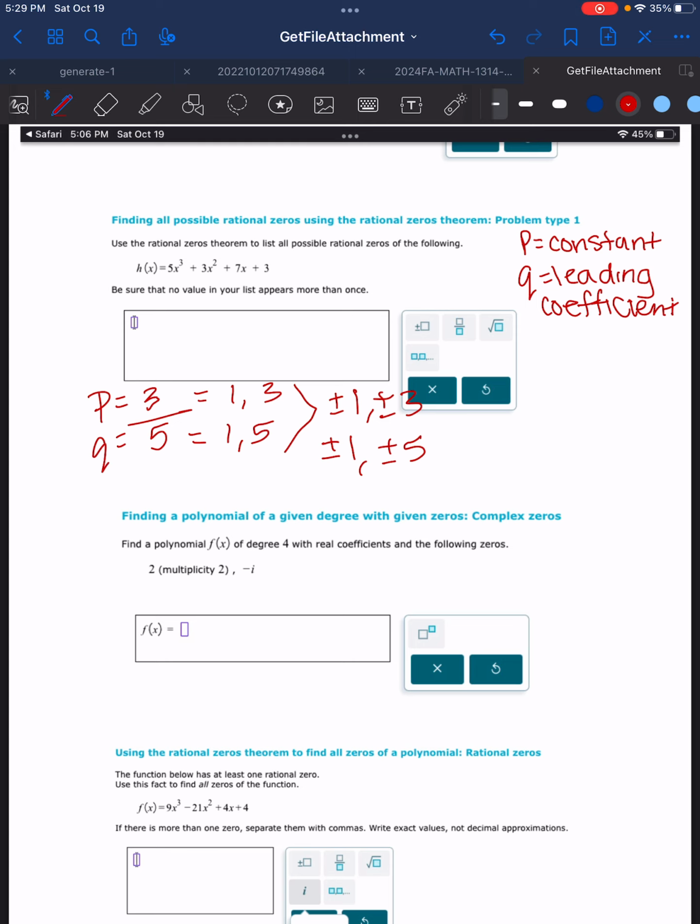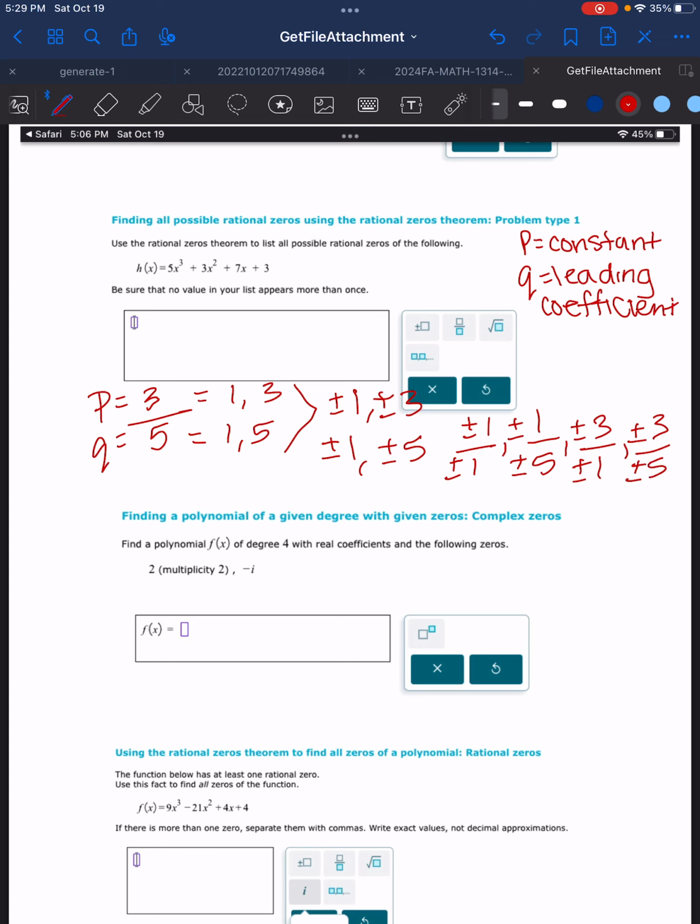So I'm going to list out all the possible fractions. Plus or minus 1 over 1. Plus or minus 1 over plus or minus 5. Plus or minus 3 over plus or minus 1. Plus or minus 3 over plus or minus 5.